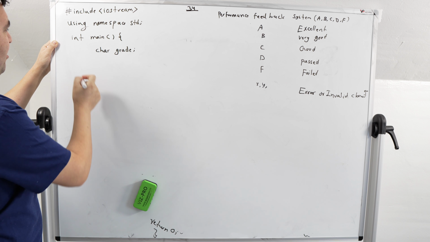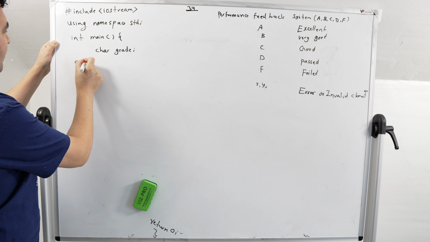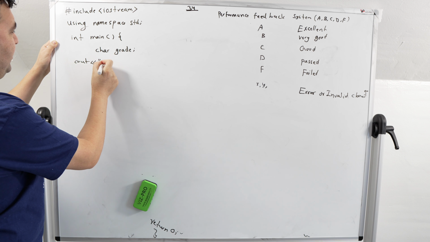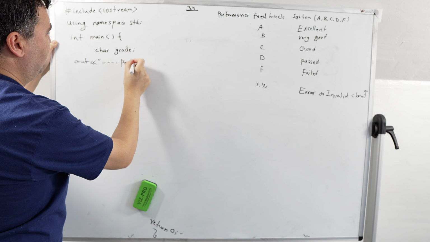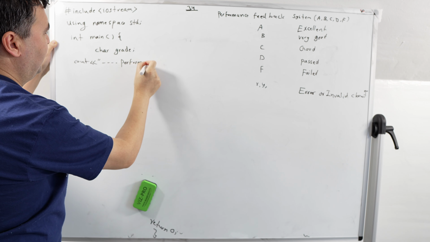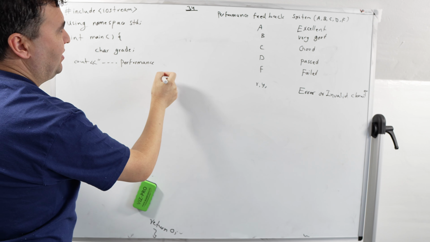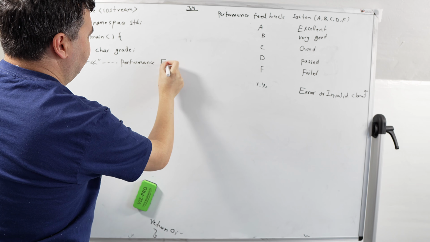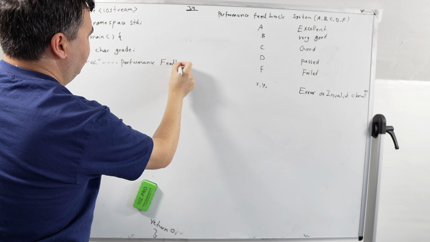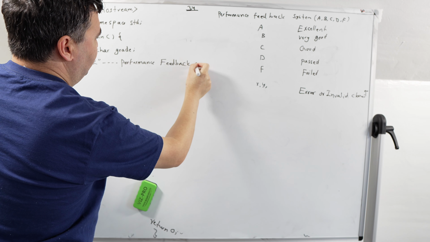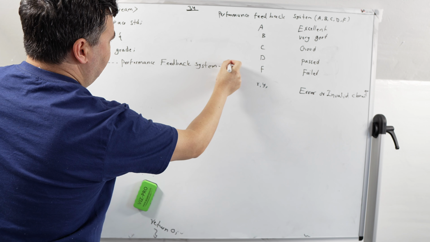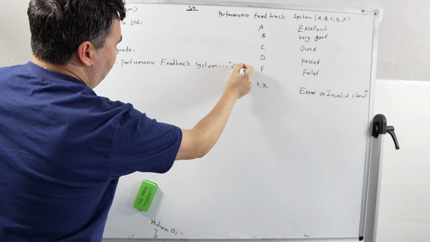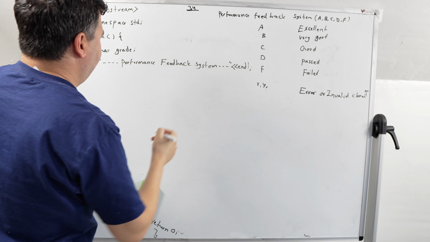And then we use cout and say, this is a performance feedback system. Then we use endl.